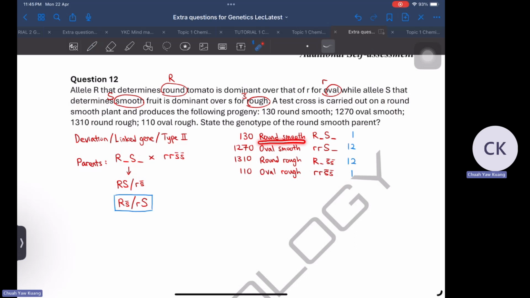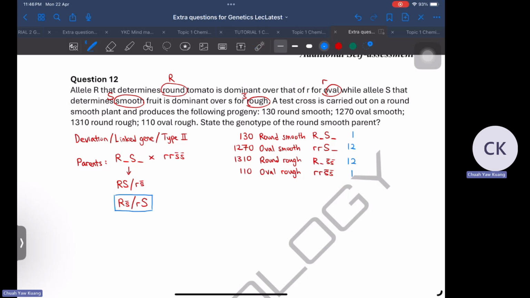If the offspring with both dominant traits, R and S, have the higher ratio, then this will be the parent genotype. So if the offspring with both dominant traits and both recessive traits have the higher ratio, we choose the first one. But if the offspring with only one dominant trait have the higher ratio, we choose the second one. Okay, done with this.